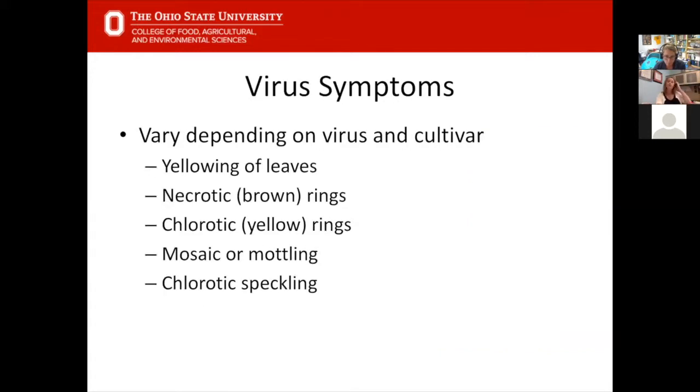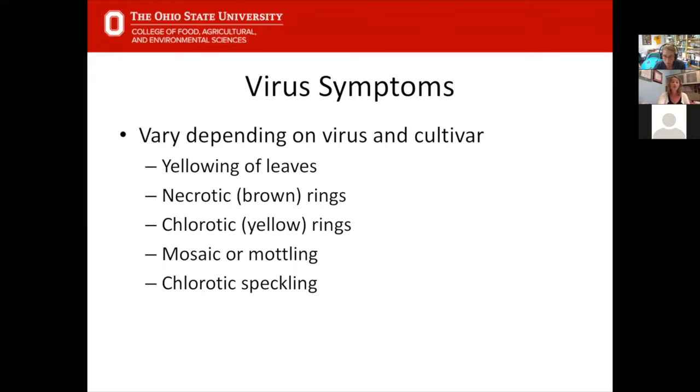In terms of virus symptoms, I'm just going to talk right now about the general symptoms that we notice, and then I'll go into more specifics for each of the various viruses and viroids. Again, the symptoms depend on the virus and also the cultivar. You can see yellowing of the leaves, which we refer to as chlorosis, or sometimes you'll hear bleaching used as a term.